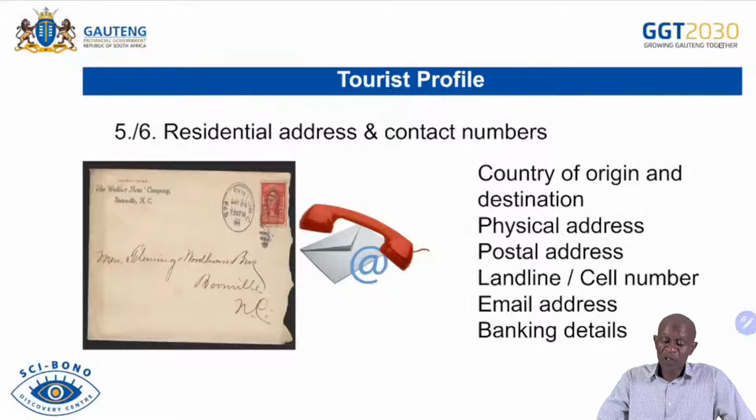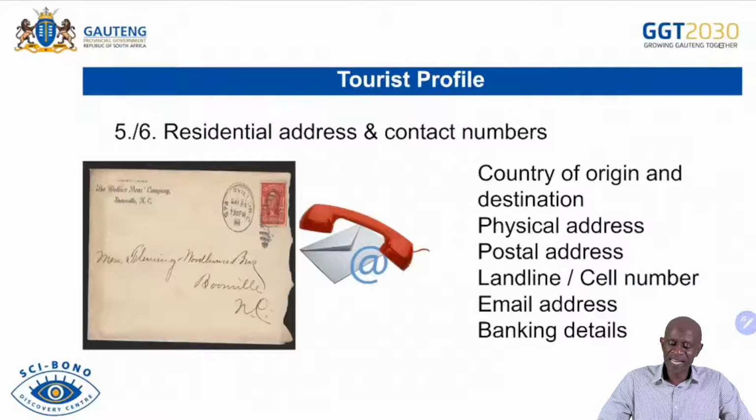Another aspect of a tourist profile that we've mentioned that we need to elaborate on is the residential address and contact numbers. The country of origin and destination, the physical and postal address, the landline and cell number, the email address, and the banking details.